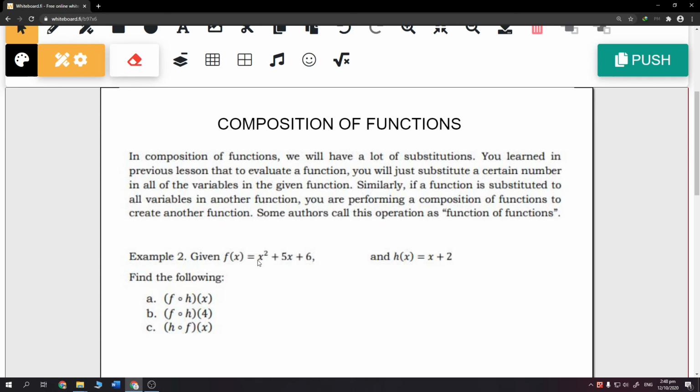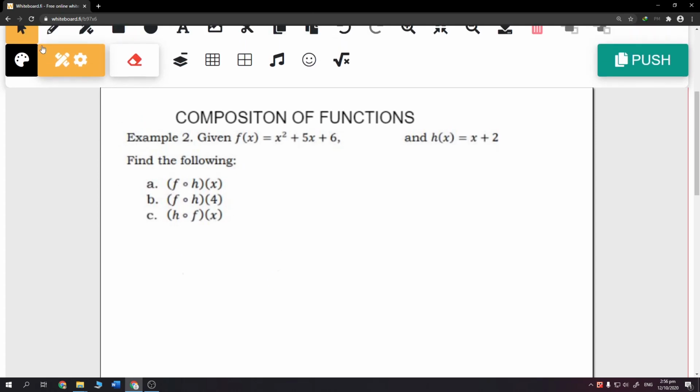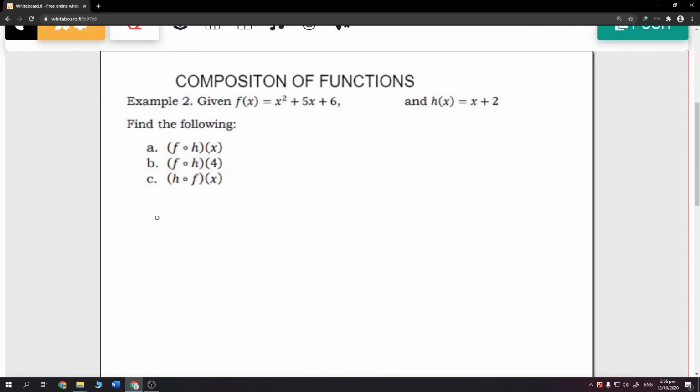Given f of x equals x squared plus 5x plus 6 and h of x equals x plus 2. Now we're going to answer the following example. Letter A. We have f of h of x.